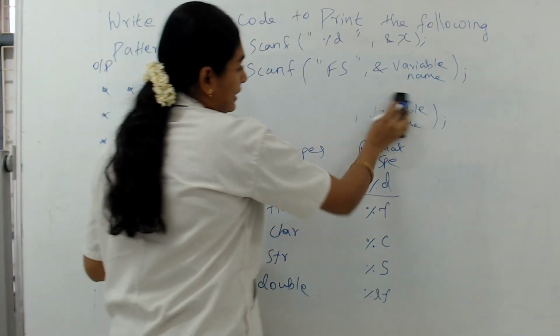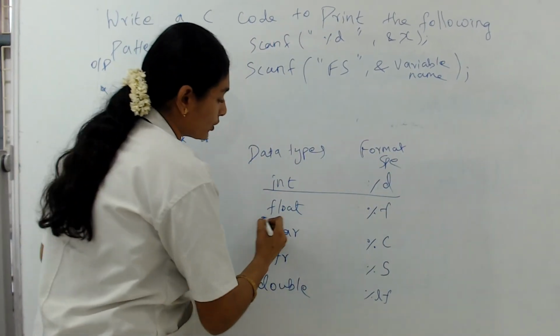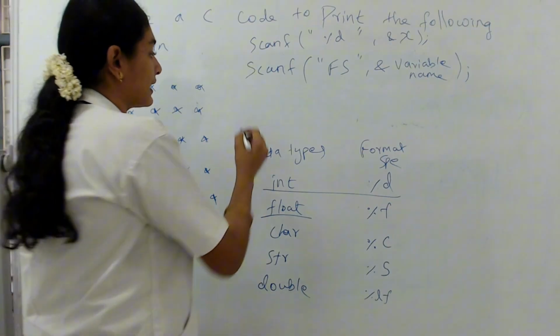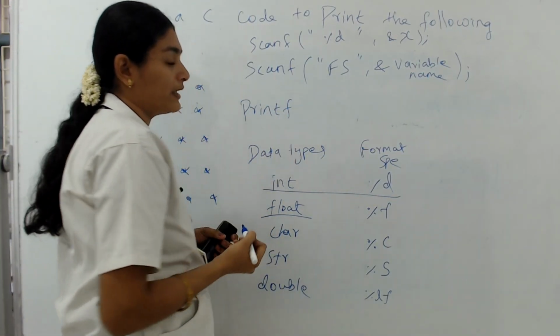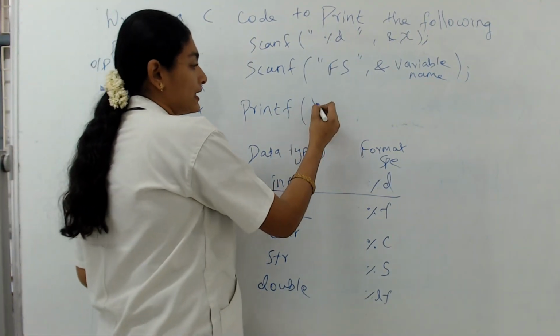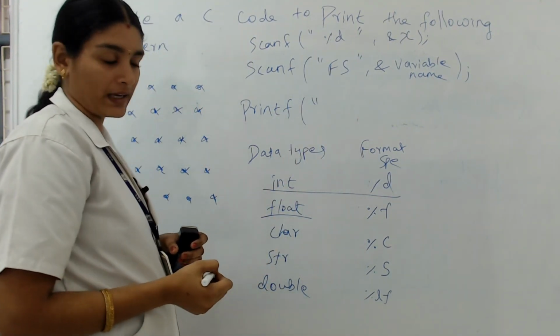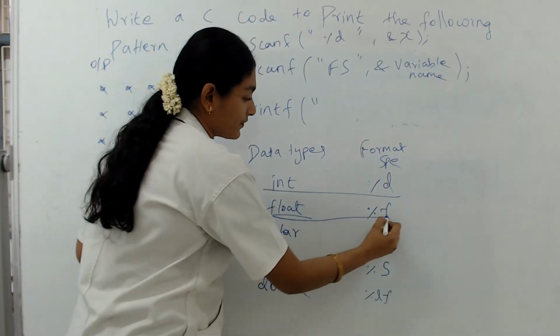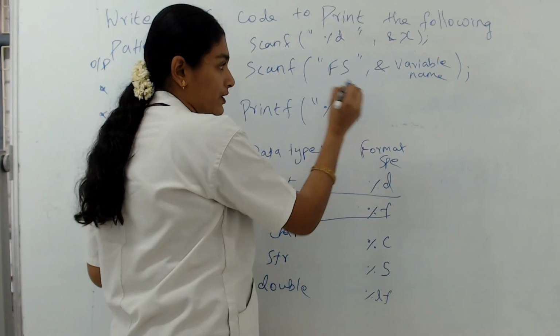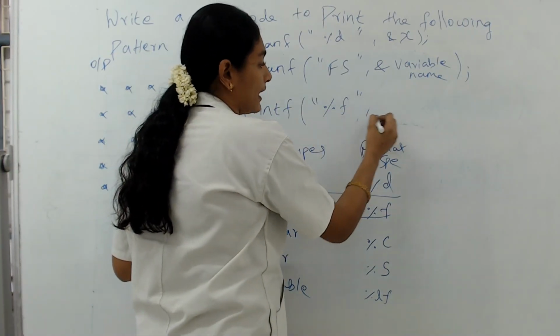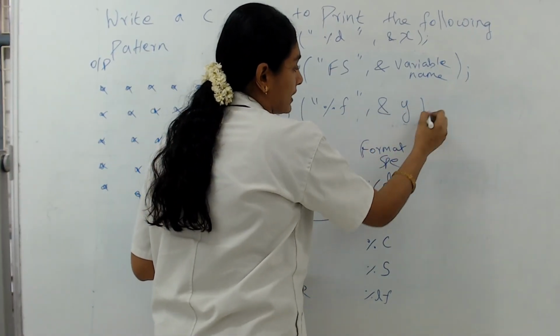Okay. Similarly, if we want to print a float output on our console, write your printf statement like this. What is the syntax of the printf statement? Printf within double quotes format specifier. The corresponding format specifier for the float data type is %f. So here write %f, comma, variable name y like this.